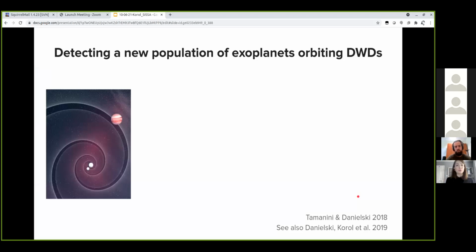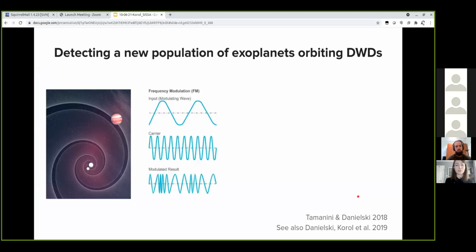So here you see the artist impression of such a system, in which we have a central double white dwarf and an exoplanet orbiting around it. So at present, we actually don't know of the existence of these systems, but we observe that exoplanets orbit white dwarfs and they orbit binary systems. So we expect that it will be possible also for double white dwarfs.